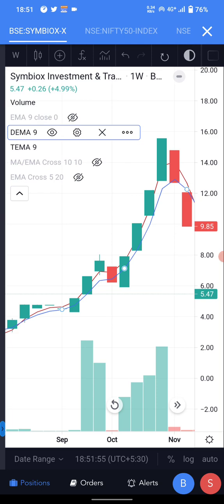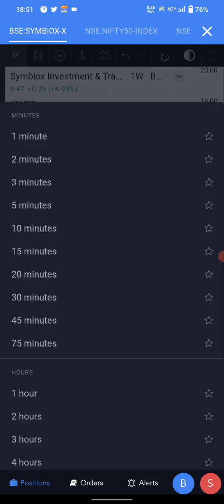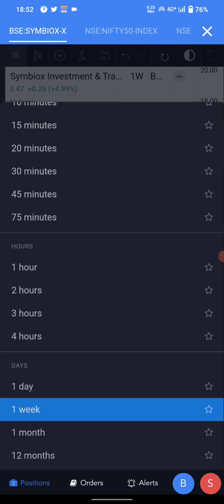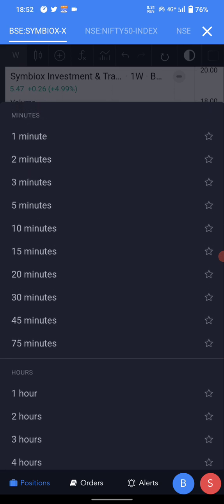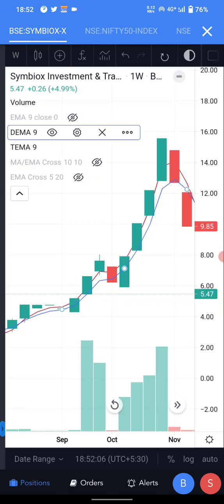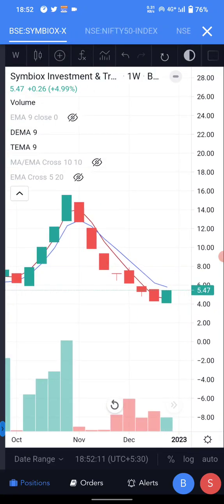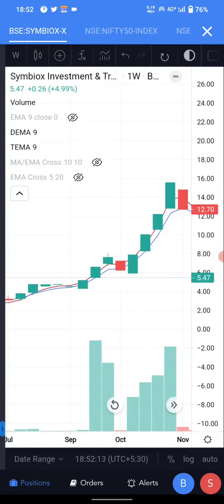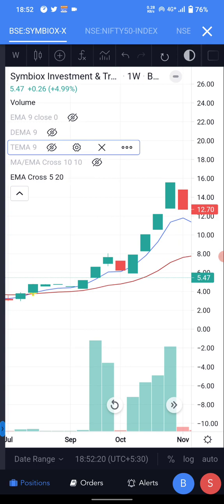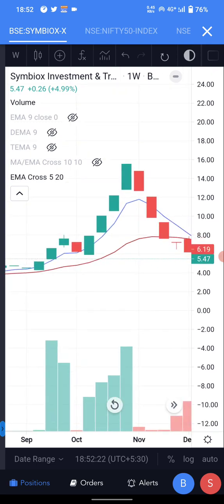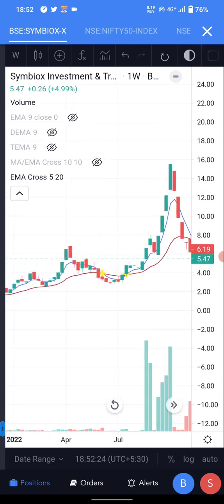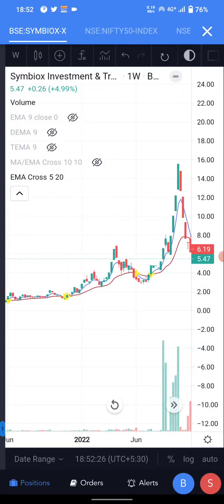Okay, and I've kept it at 1 week, because to get the neat candlestick formation I have used 1 week, and for the analysis part I have used this 1 week. And I'm just closing this double EMA, triple EMA. Just take EMA cross 5 and 20 and do trade for better profits, which I have experienced personally.